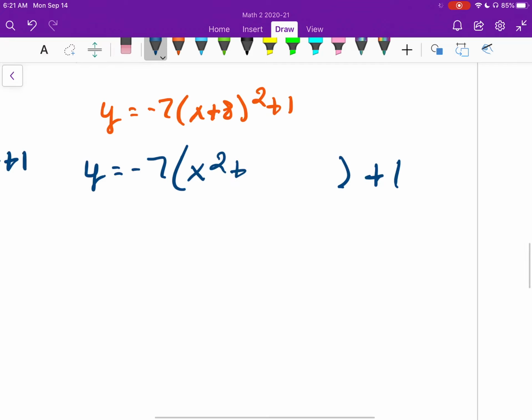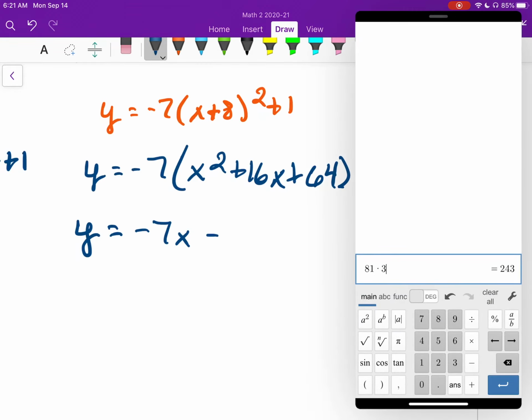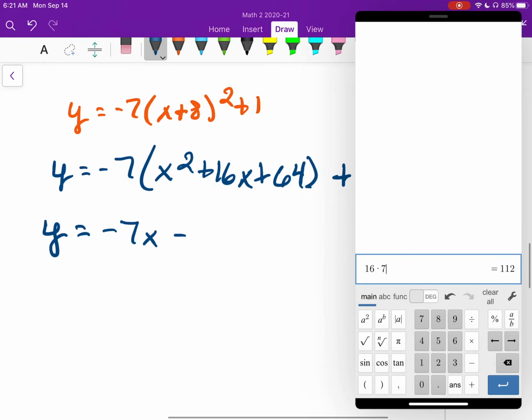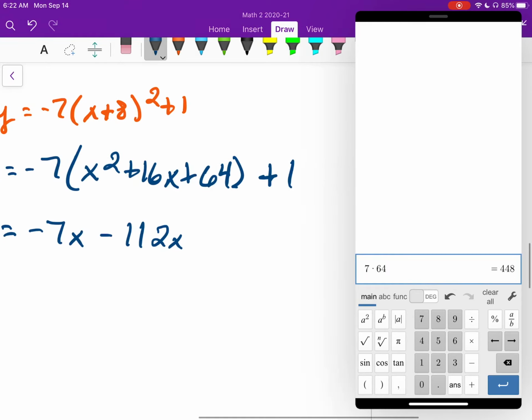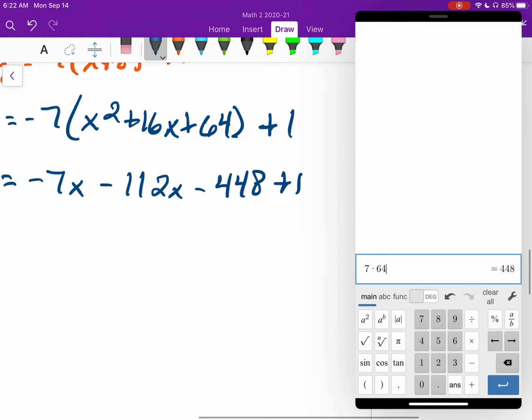So we get y equals negative 7, big parentheses, plus 1 at the end. So we get x squared, 16x, and 8 times 8 is 64. So y equals, I distribute my negative 7, negative 7x squared minus, what is 16 times 7? 16 times 7 is 112, but it's a negative, so negative 112x, and 7 times 64, negative 448, and then plus 1 at the end.